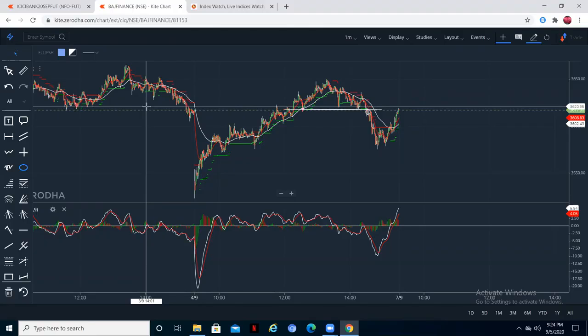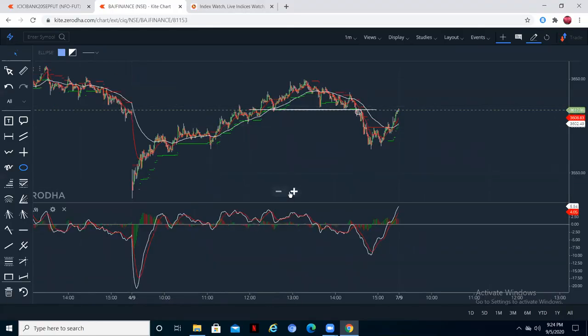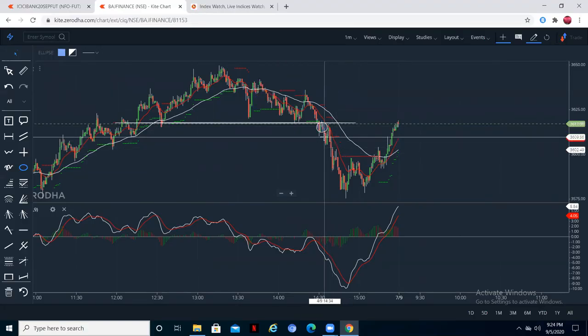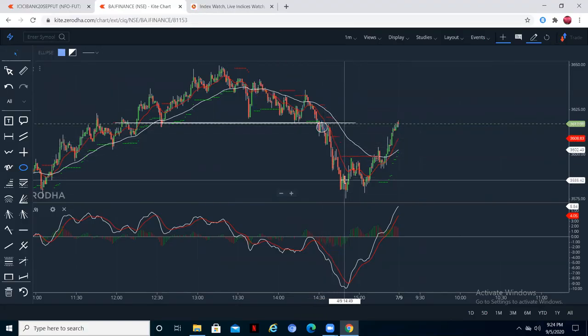In case you're finding out an entry, you can simply write it on a paper. That is, I was selling ICICI Bank at this price, or you can say I was selling Bajaj Finance at so-and-so price. And you will be holding it the same way you will be holding it for your real trades. You will be writing down the exit. You will be sharing that with me. I will be correcting all of your entries, all of your trades.